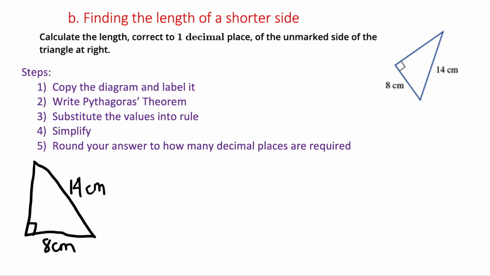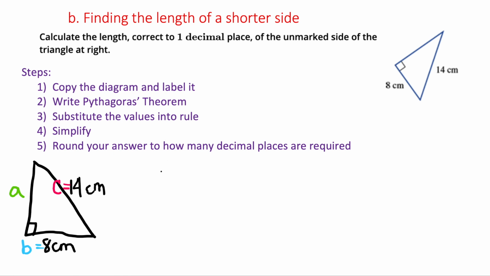Okay, perfect, and we're going to label it. This one is going to be A. This one is going to be B. And the hypotenuse is always C.